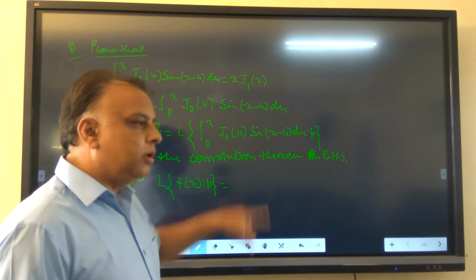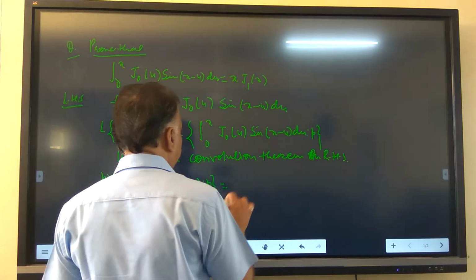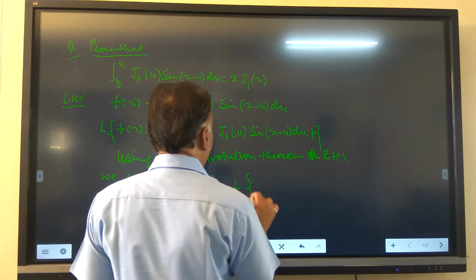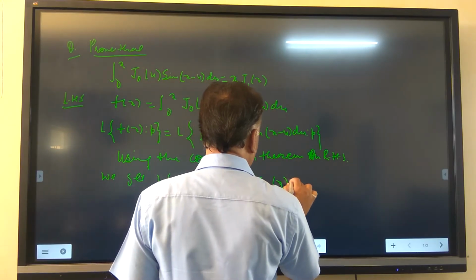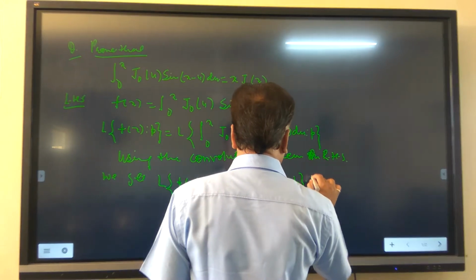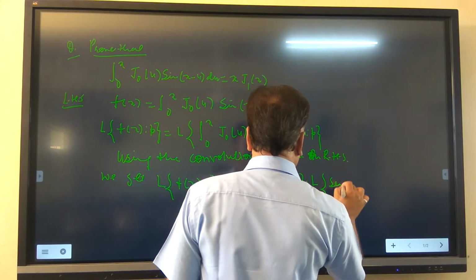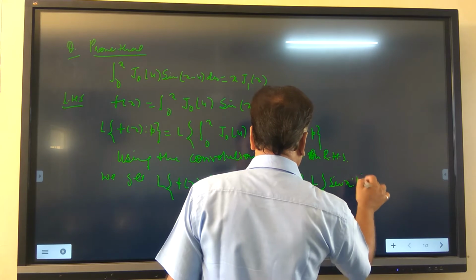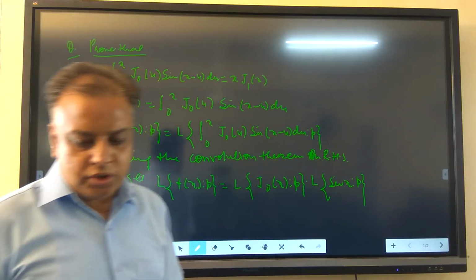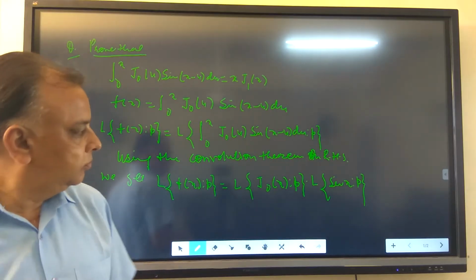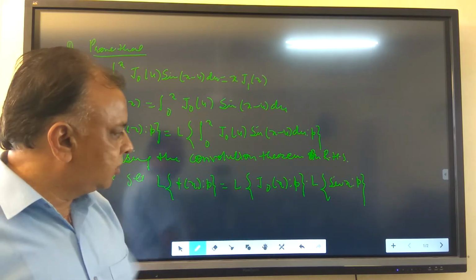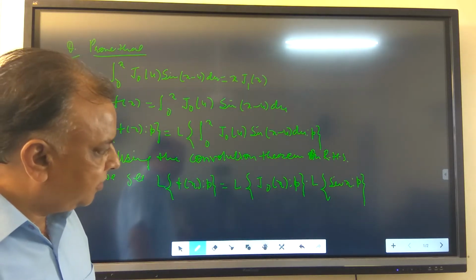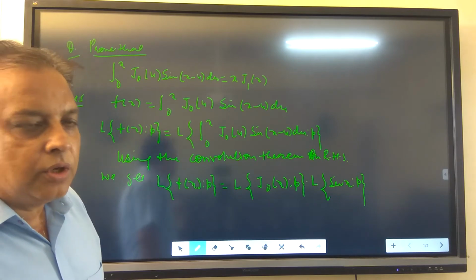Using the convolution theorem on the right hand side, this is equal to the Laplace transformation of J0(x) into the Laplace transformation of sin x.